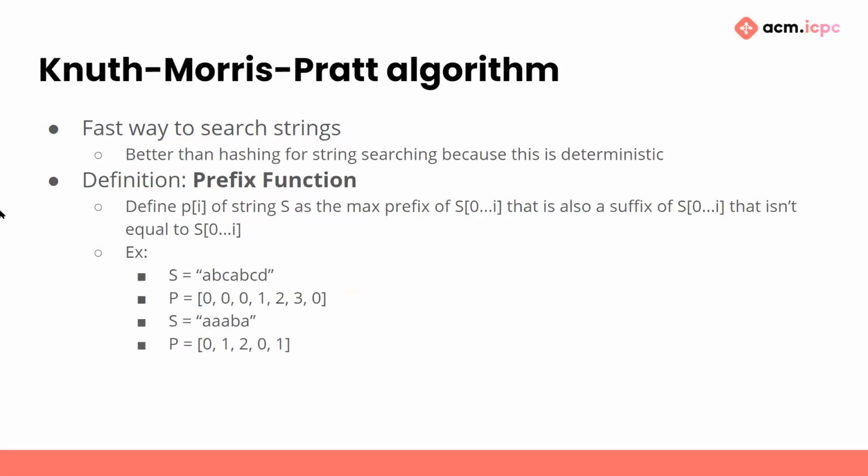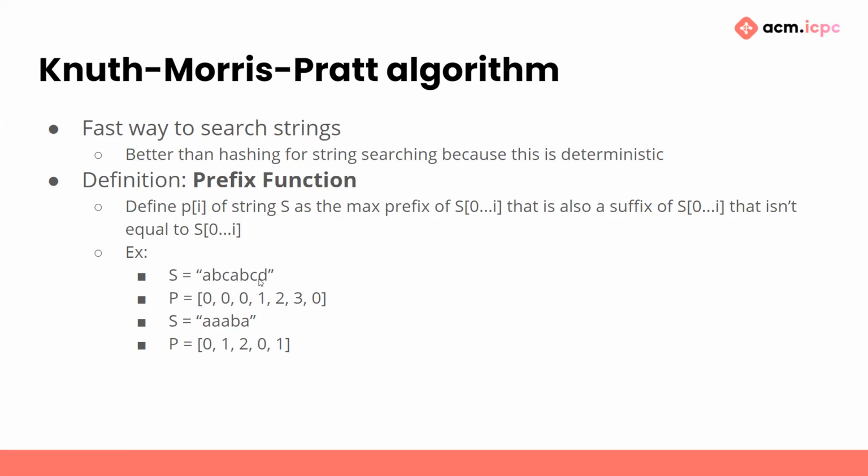So if we go back to a previous slide, let's say we're at the first example, ABC, ABCD, where we're looking at the first 6 characters. Then ABC would be the maximum one, while AB would be the maximum suffix, or the value of the prefix function for i minus 1.